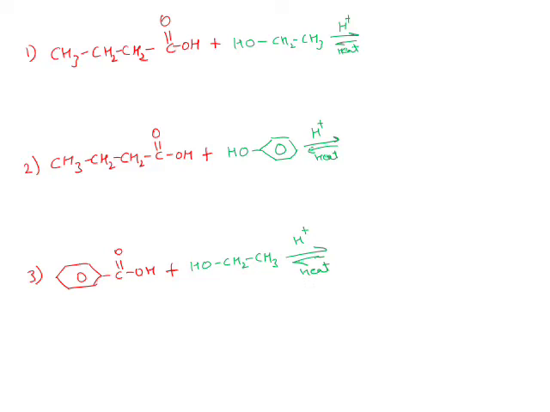So let's try to do the first one. The moment I see we have a carboxylic acid and an alcohol, we know this is an esterification reaction in the presence of acid and heat.